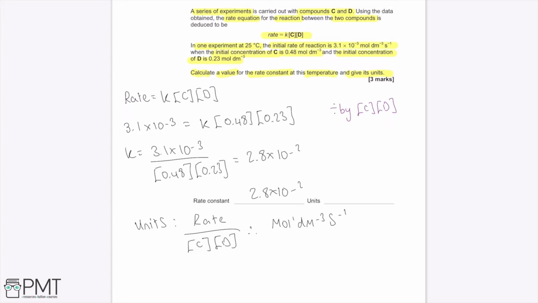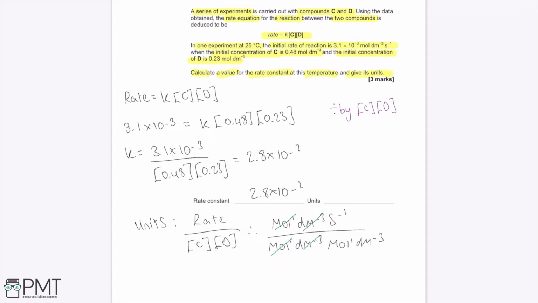And we also know that we are dividing by concentrations, which have units of mole to the 1, dm minus 3, and as there are two of them, we will write this out twice. So what we can now do is cancel anything that we have on the top and also on the bottom. So here we can cancel out a mole to the power of 1 on both the bottom and the top, and also a dm to the minus 3 on both the bottom and the top.